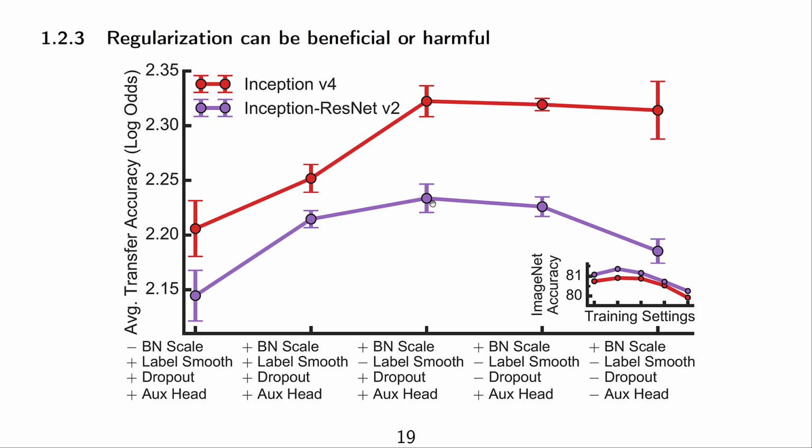So label smoothing might help the training on ImageNet, but it might not help, or it actually hurts transfer learning. But also, if you look at the y-axis here, one has to note that these differences are fairly minor.